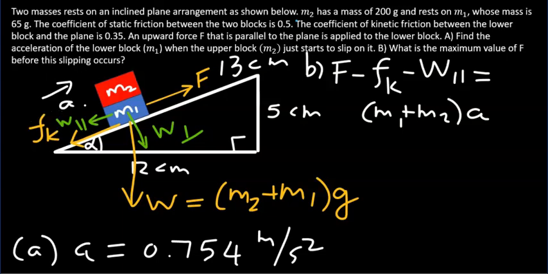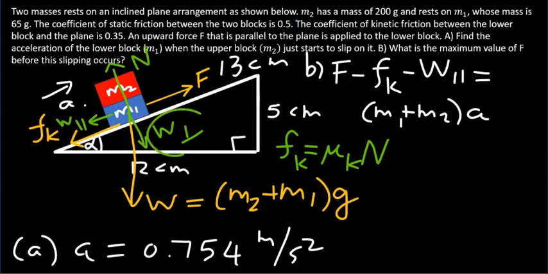Let's look at it term by term here. What is kinetic friction? Kinetic friction equals the coefficient of kinetic friction times the normal force on M1. And the normal force on M1 goes like that. Let's call it N. It opposes this W perpendicular, as we have already seen in the case of M2.